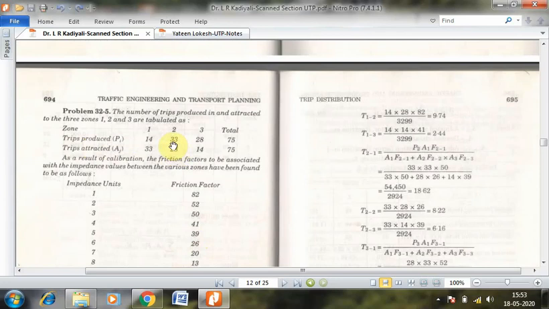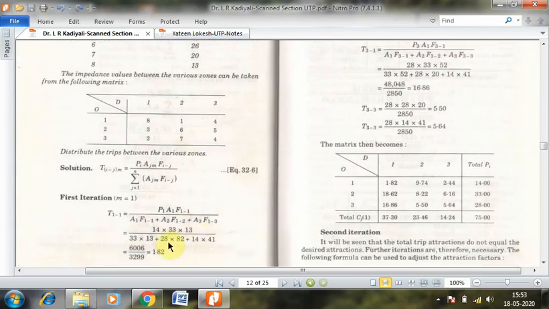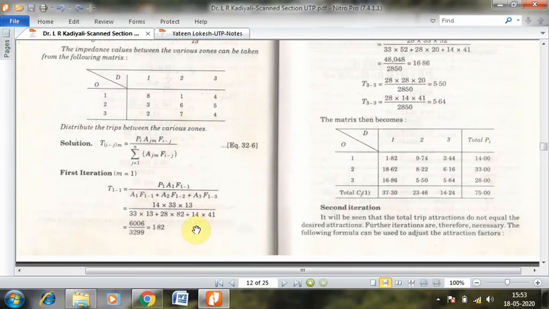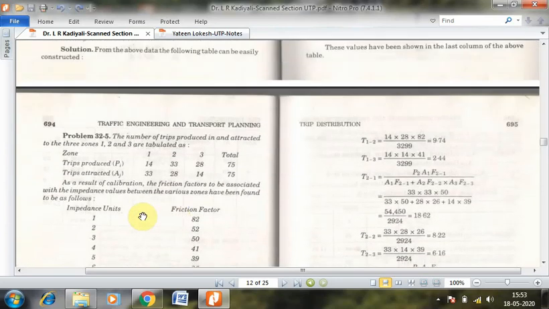A2 is 28. So that 28 will be substituted here, multiplied by F12. Again, the friction factor to be found between 1 and 2, means origin is 1, destination is 2, the impedance unit is 1. So if the impedance unit is 1, the friction factor is 82. That 82 will have to be substituted here, plus A3. A3 is what? A3 is 14.